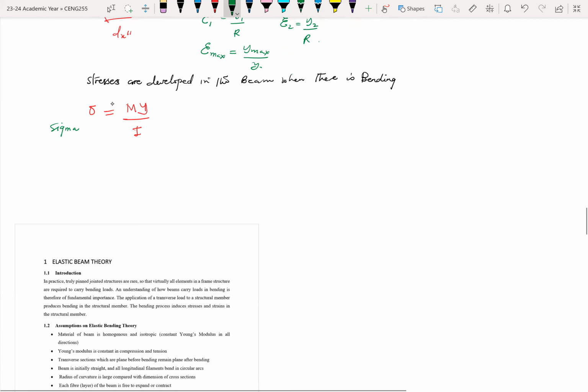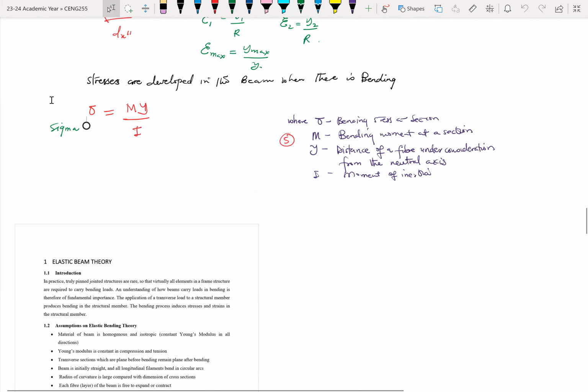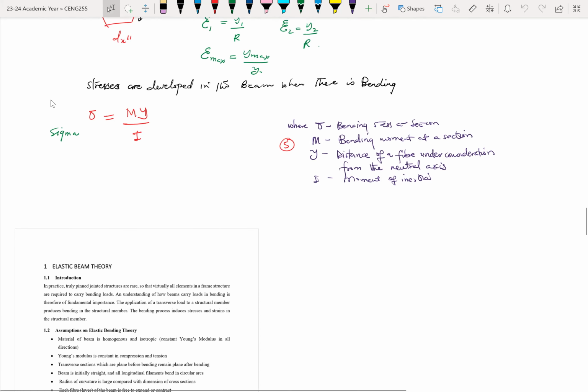So My over I is sigma. Let me call this equation 5.